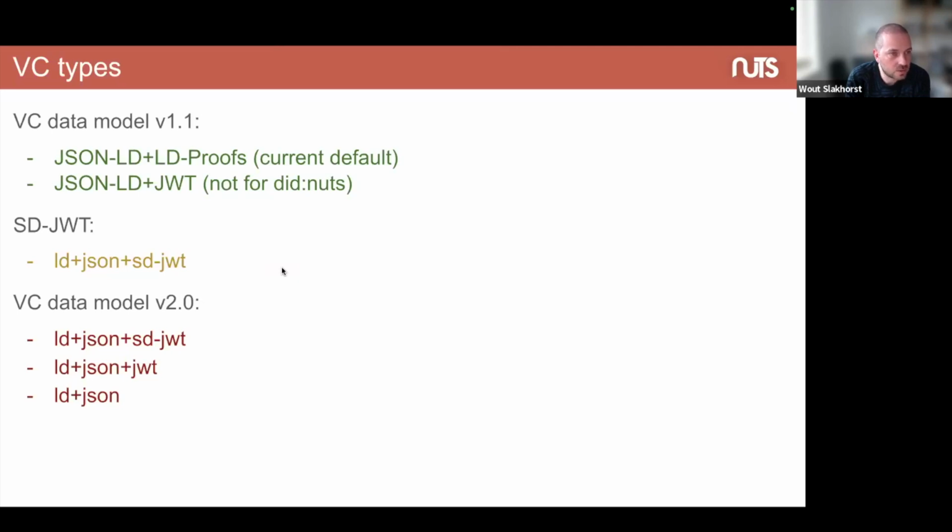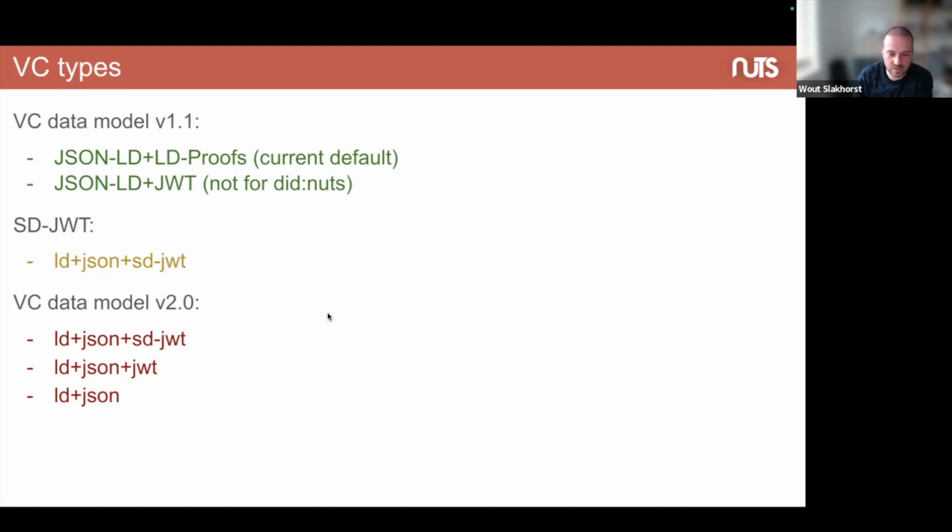We have plans to start supporting this type of credential. And the same goes for the new types of credentials that are listed in the verifiable credential data model version 2, which have these media types as defined here. Is this important for you? Well, if you probably use default settings from the NUTS node, it probably doesn't bother you because we're going to choose some sane defaults.